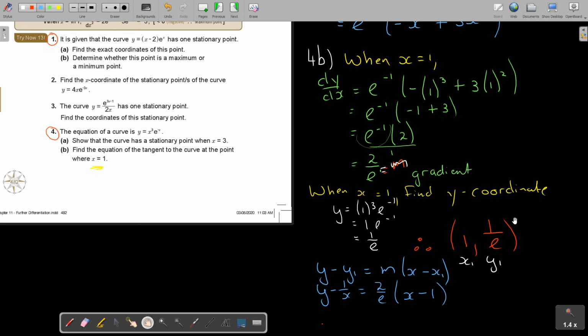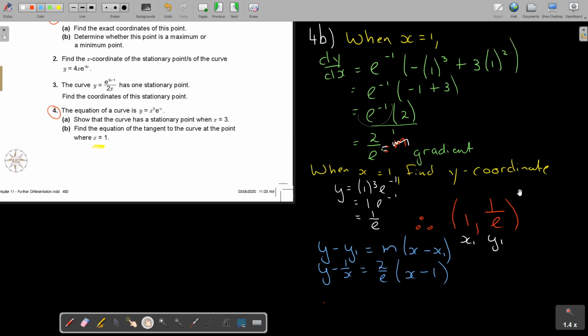Let's simplify this. This is going to give me y equals 2x over e, minus 2 over e. And don't forget to bring that one over, so plus 1 over e. Now let's simplify.